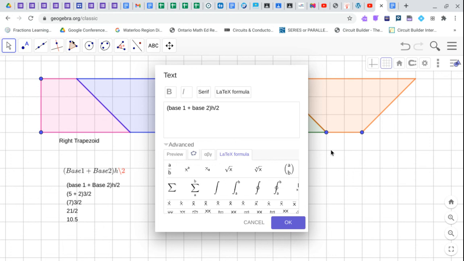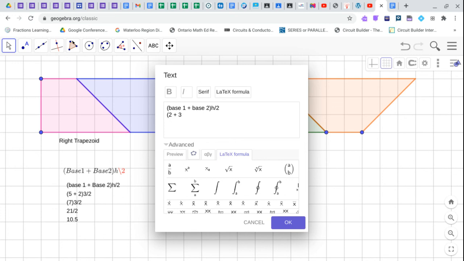So base 1 is 2 units plus, 1, 2, 3, 4, 5, 6, 7, and 8. I think it's 8.